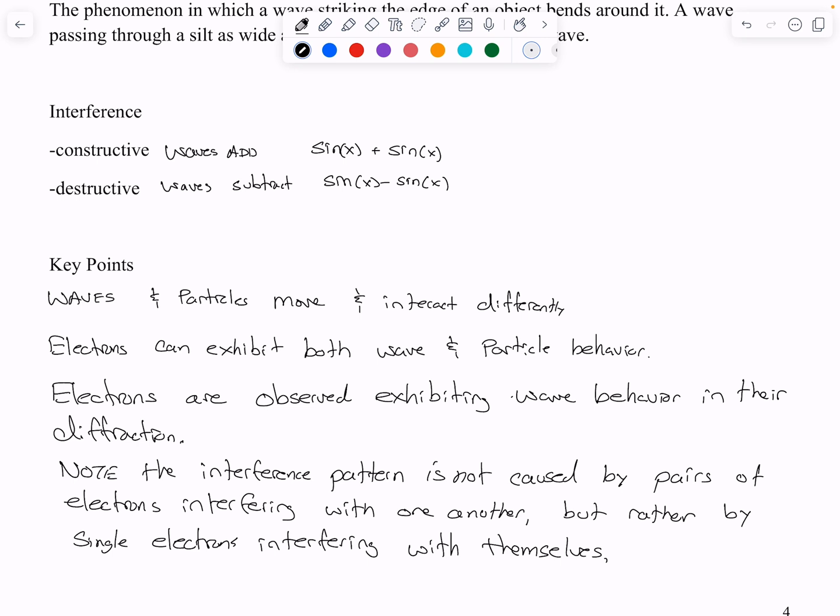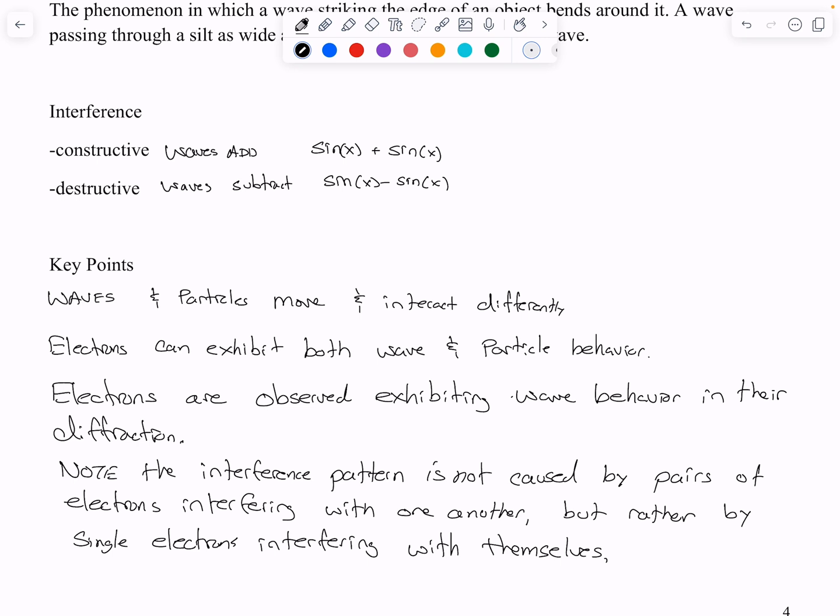But again, we talked about this in the day 10 video, where Thomson and others did this experiment where they diffracted electrons. And so we have a Nobel Prize for the electron being a wave and a Nobel Prize for the electron being a particle. And so the question is, which is it?